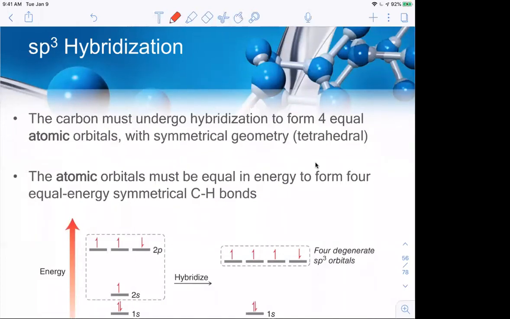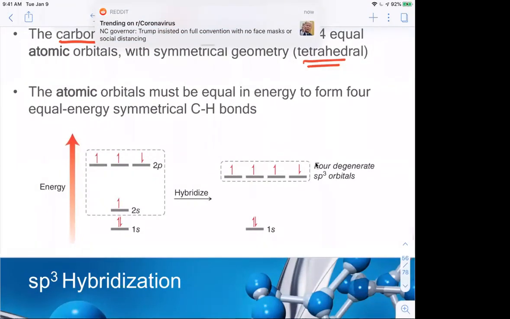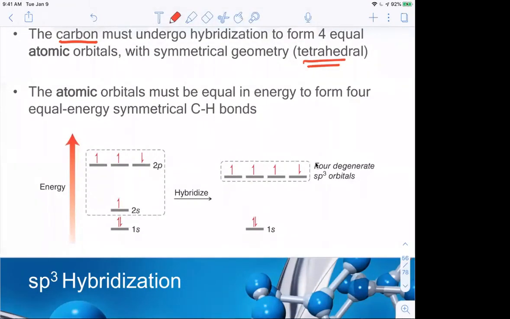When I look at carbon, and I'm looking at 4 equal atomic orbitals that have symmetrical geometry, or a tetrahedral shape, my atomic orbitals have to be equal in energy. Well, in order to get them equal in energy, remember, here are my valence electrons.